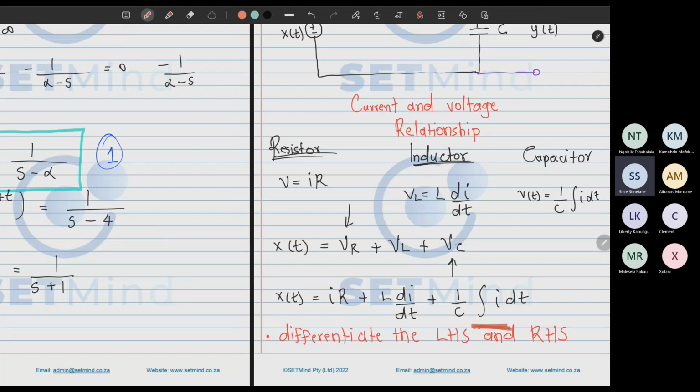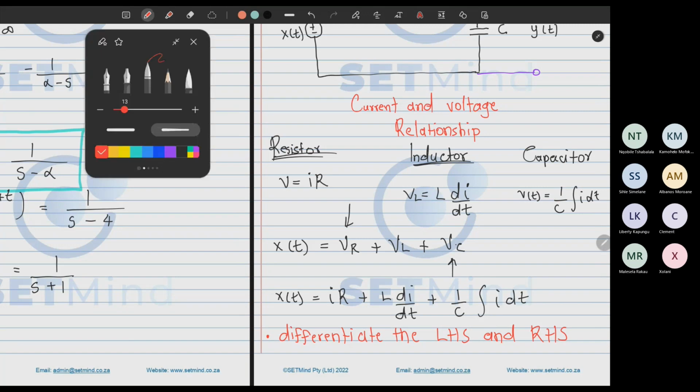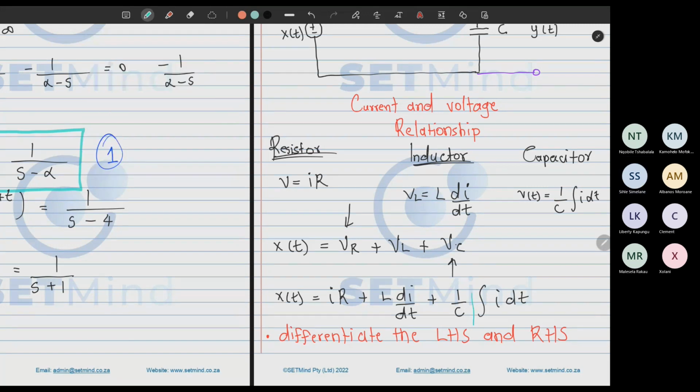We do not want integrals here. So we'd rather have derivatives, which now becomes a differential equation. So we'll remove this integral here by differentiating the left-hand side and the right-hand side. And when you integrate and differentiate, it's more like you are doing nothing. So that's how we remove the integral sign.